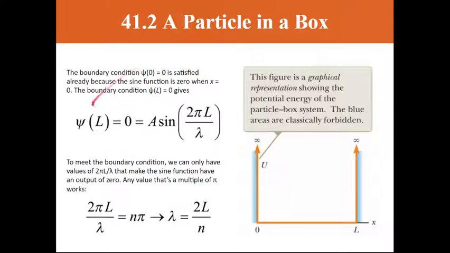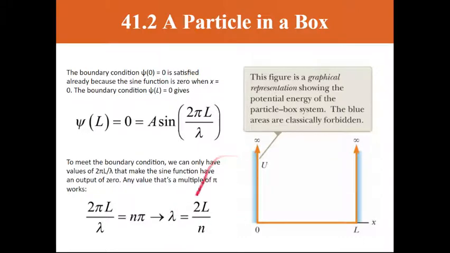So for this to be true, if at x equal to L the wave function is 0, then because there's a sine function here, whatever's inside the sine function must make sine equal 0 at x equal to L. For sine to be 0, the input has to be any multiple of pi, and because of that, it leads to the wavelength of the wave function having to be equal to 2 times the length of the box divided by an integer.